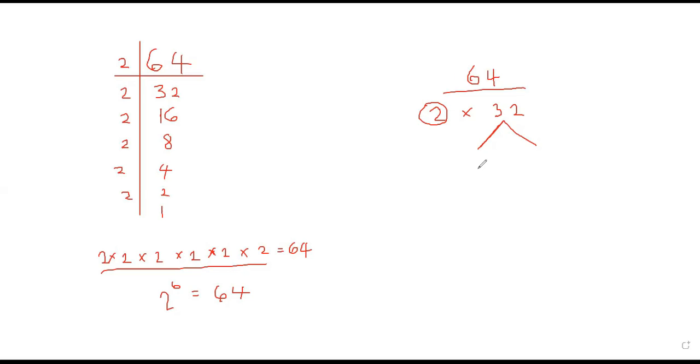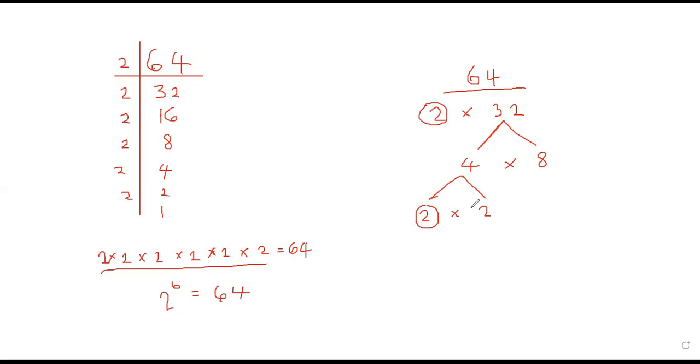Let me use 4 multiplied by 8. 4 times 8 gives 32. Now you can see both numbers are not prime numbers, so I will split them using my branches like this. For 4, I have just two numbers: 2 multiplied by 2 gives 4.